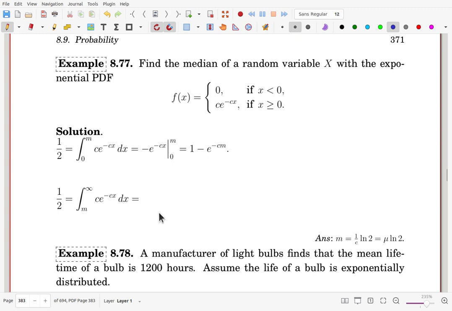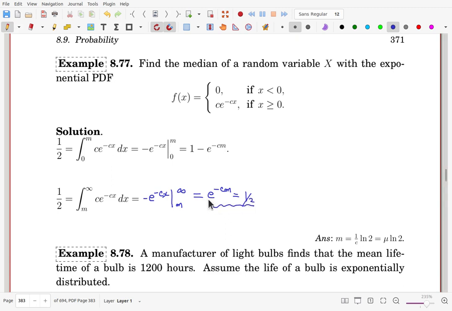Or you may use this one from m to infinity. Its antiderivative is the same, minus e to the minus cx, and now evaluating from m to infinity. Once infinity, it is 0, and once it's m, there is e to the minus cm. So we have to solve that. This is half, right?